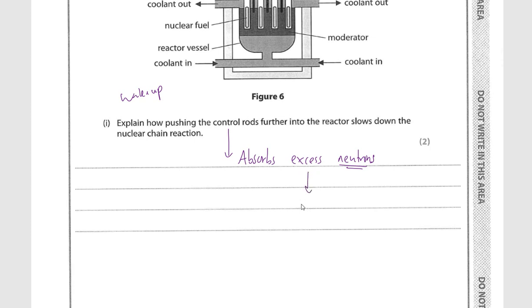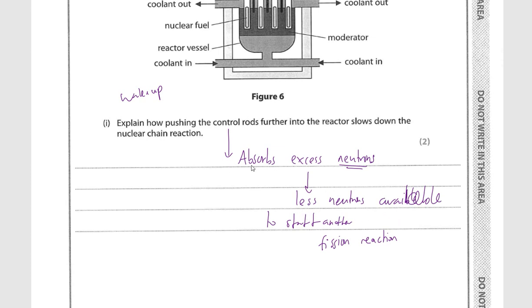Absorbing excess neutrons means you're going to have fewer neutrons available to start another fission reaction. Okay, these are the two marks.